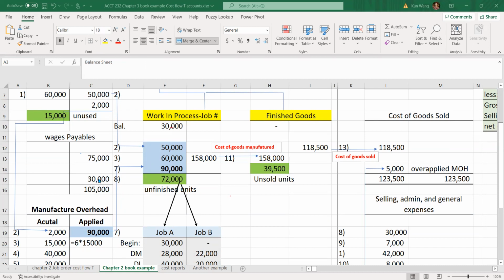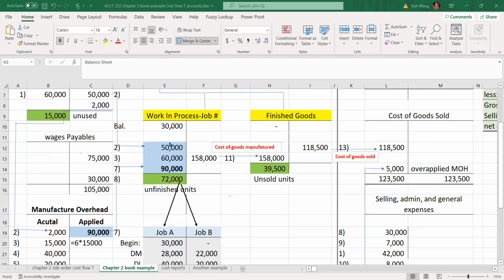And this 30,000 wages payable, related to number 8, is the period cost. It covers all of the wages and salaries belonging to selling, admin, and general expenses. So these are period expenses; they are not included in the manufacture cost. On the credit side, we use wages payable for all of them, because the payroll worksheet includes all of the personnel in the company, but depending on their position and function, the debit will differentiate.